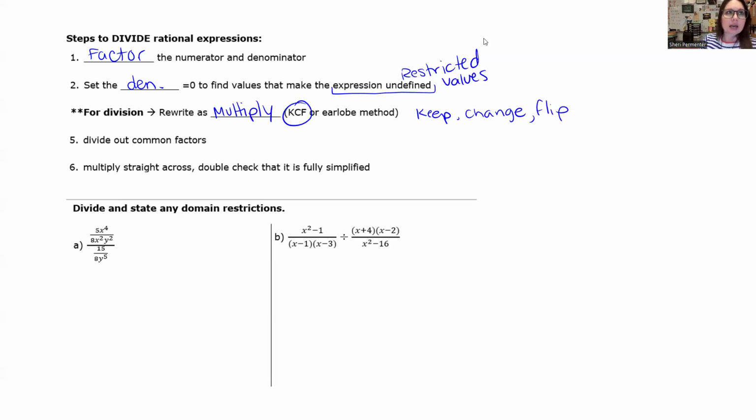So again, KCF stands for: I would keep the top fraction the same, I would change the operation, and I'm going to flip the bottom fraction. Or if it's written out horizontally, I'm going to keep the first fraction the same, change the operation, and flip the second fraction.